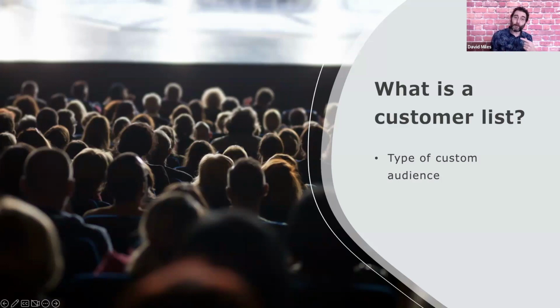But rather than it being an audience based on whether people have interacted with your adverts or visited particular parts of your website, with a customer list it's actually an audience, a list, which is provided by you. The way this typically works is that you would have a spreadsheet of existing customers, with name, email, phone, maybe other information like address.